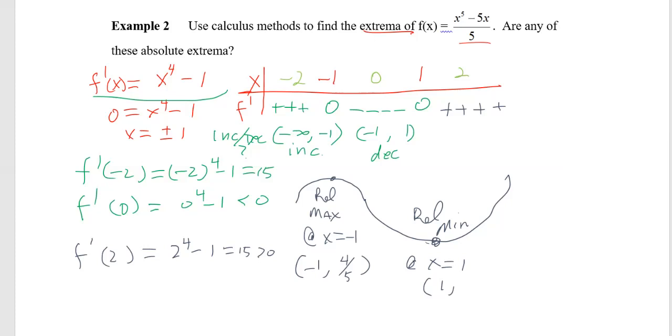Okay, let's go back and make sure that's okay. Just going kind of quickly through that, so I don't want any mistakes here. When x was -1, we had -1 plus 5, which is 4 over 5. When x is 1, we have 1 minus 5, which is -4 over 5. Okay, so there we go. All right.